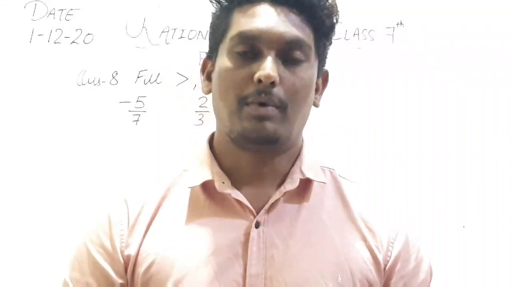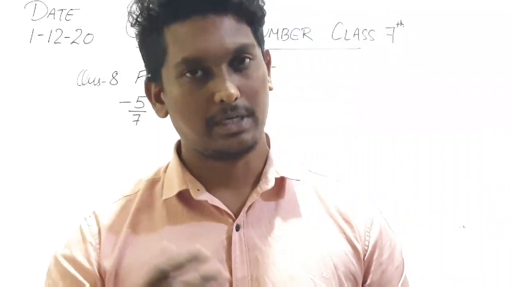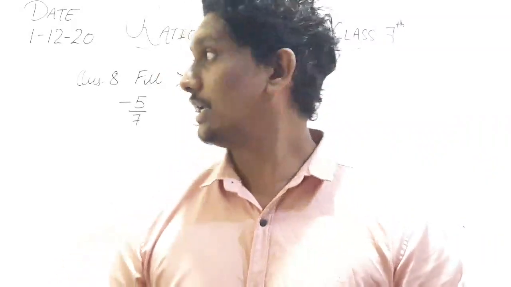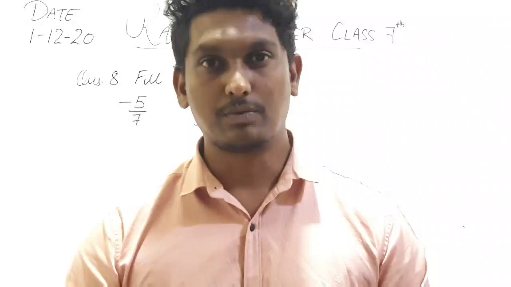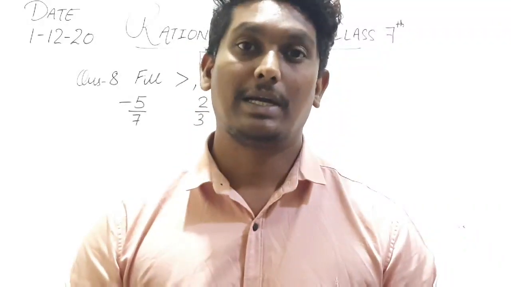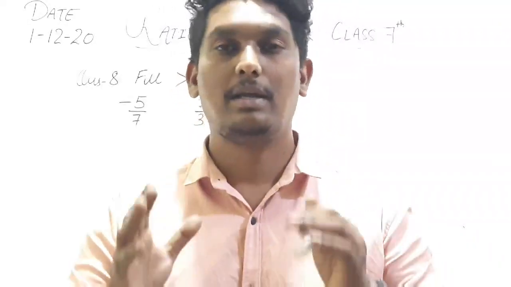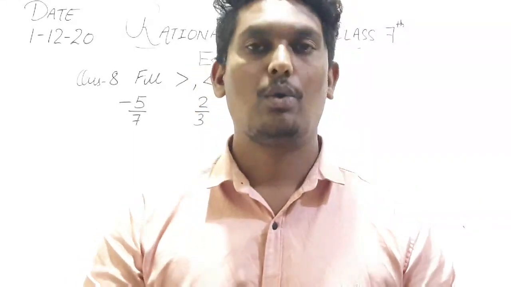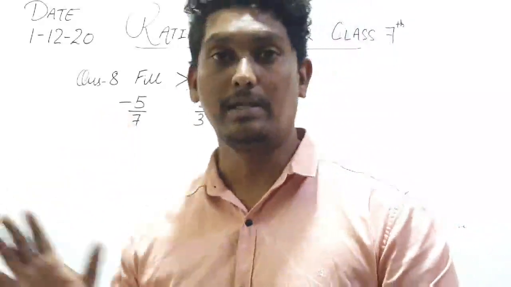Clear? Why am I telling this? Because in the exam I have seen a few papers where the question was of multiplication, and you have found the LCM there. No need to find LCM in multiplication or division, right? Only these are the conditions where you have to find the LCM.